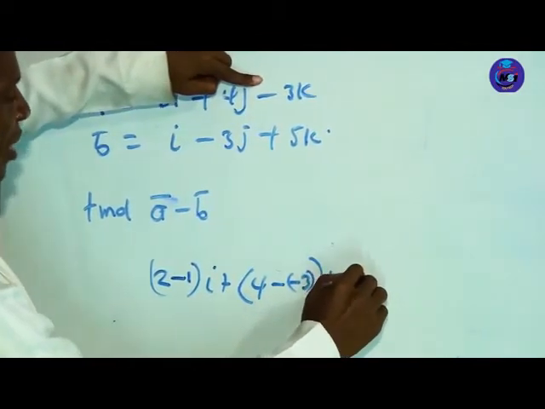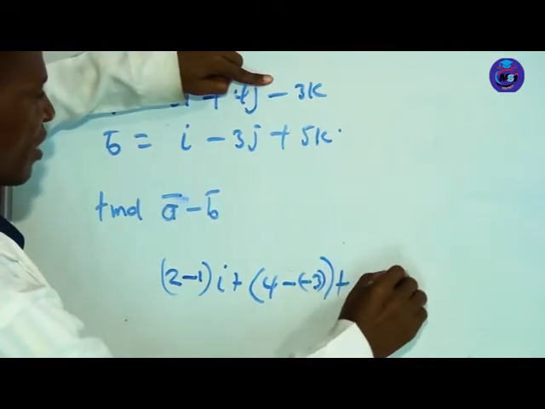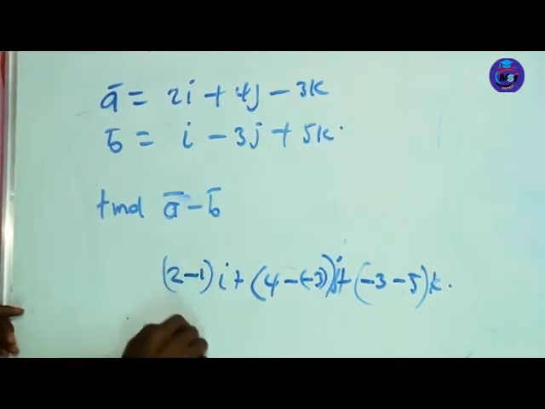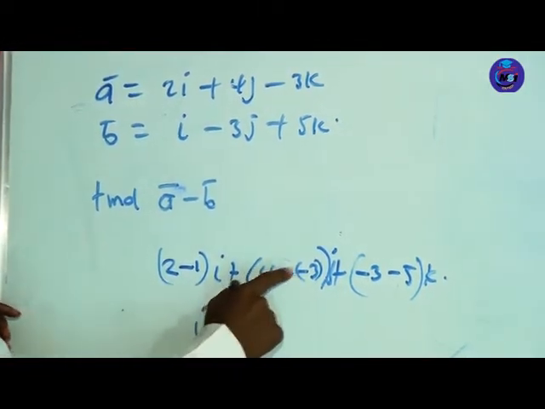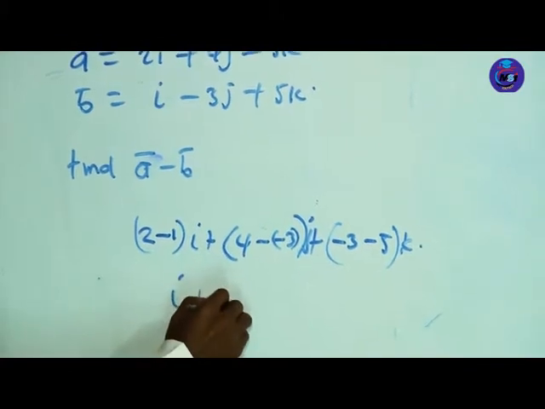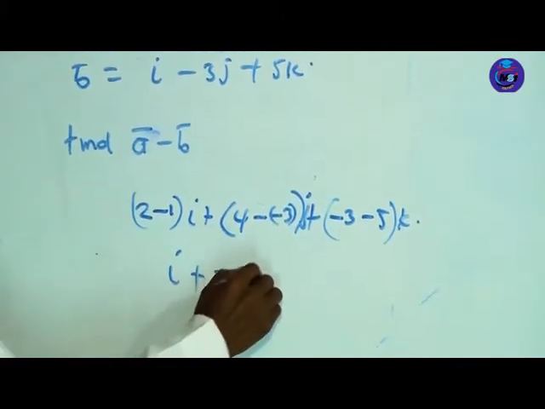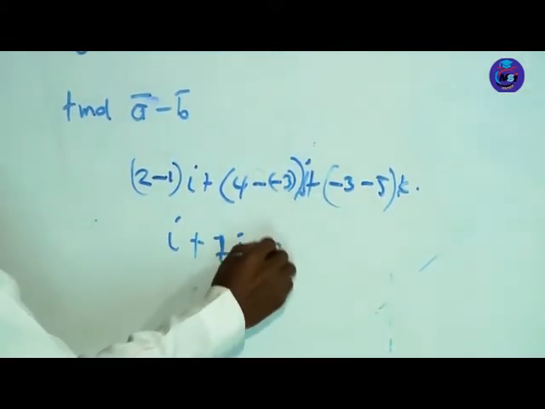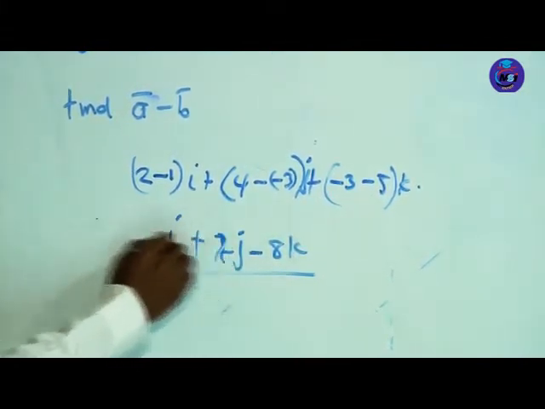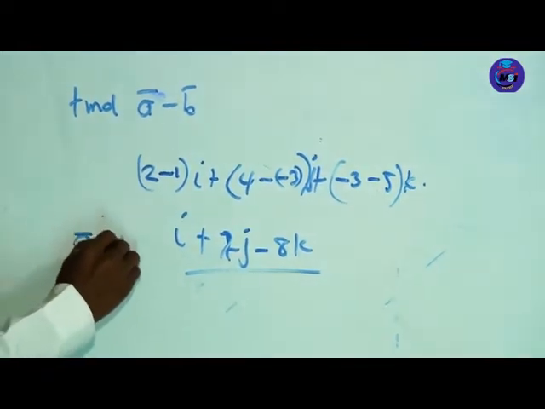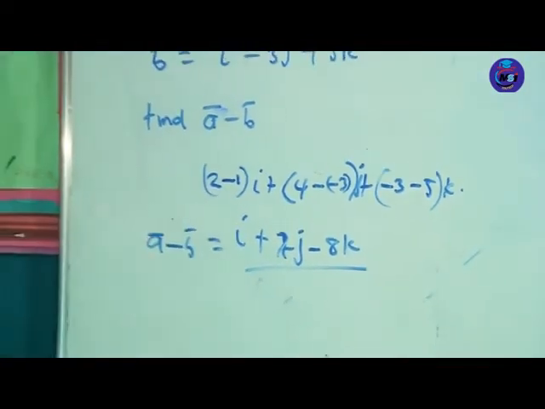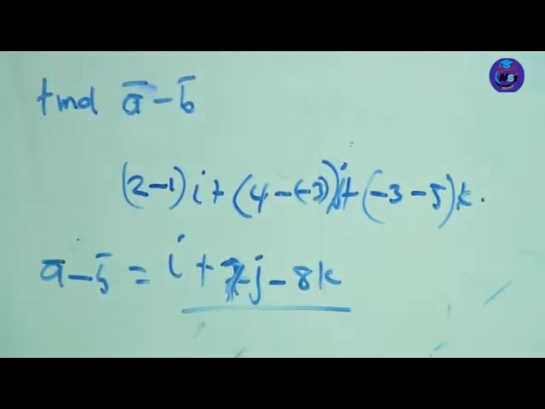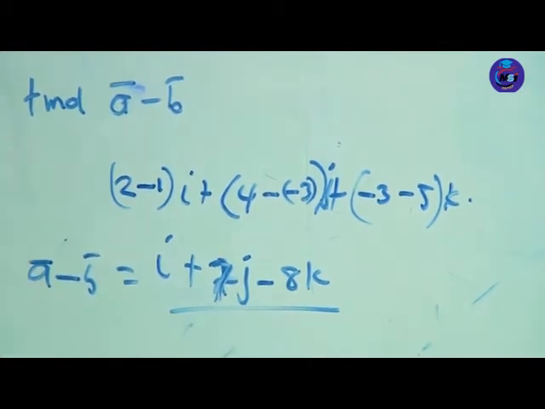Now we have minus 3 minus 5k. So when you subtract this one, we have i. This time this plus, that is 7j. Now this minus, that's minus 8k. So this is the final solution to that problem: i plus 7j minus 8k.